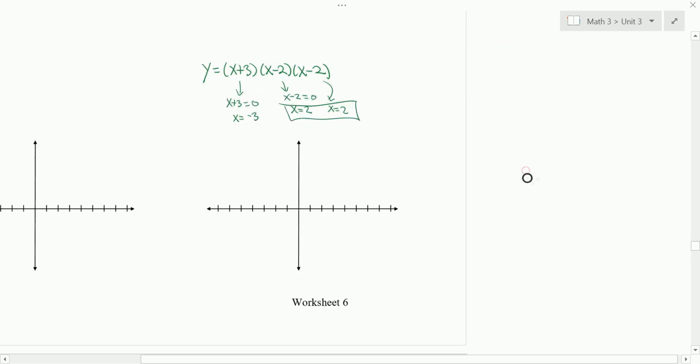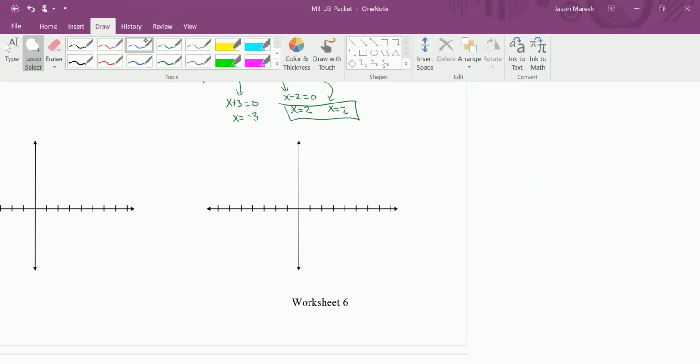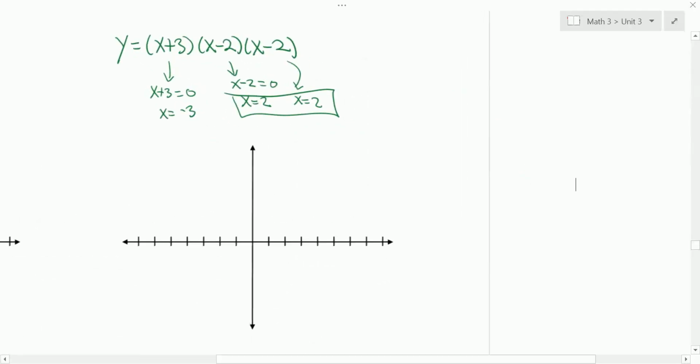So as we get to graphing, I'm going to put a point on the x-axis at negative 3. It's going to pass through that point. I'm going to put a point at 2, and note that it's going to bounce there because we have an even multiplicity.